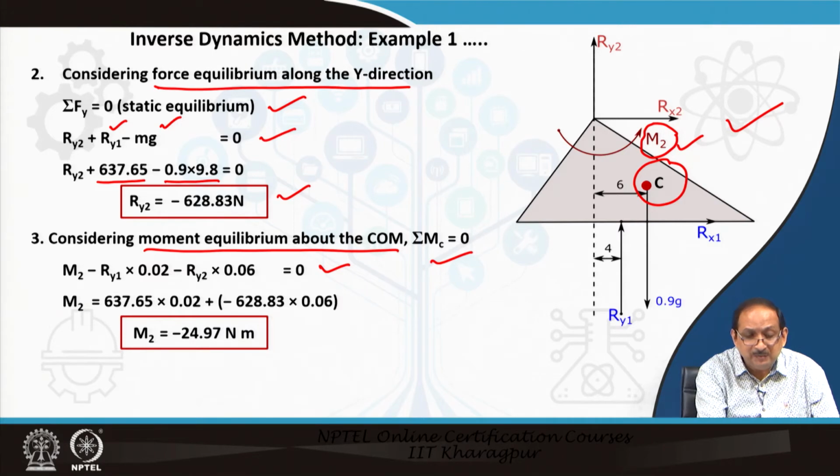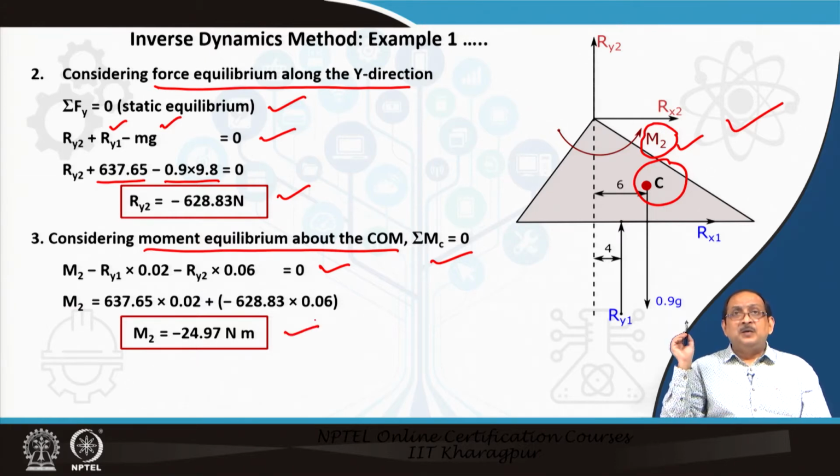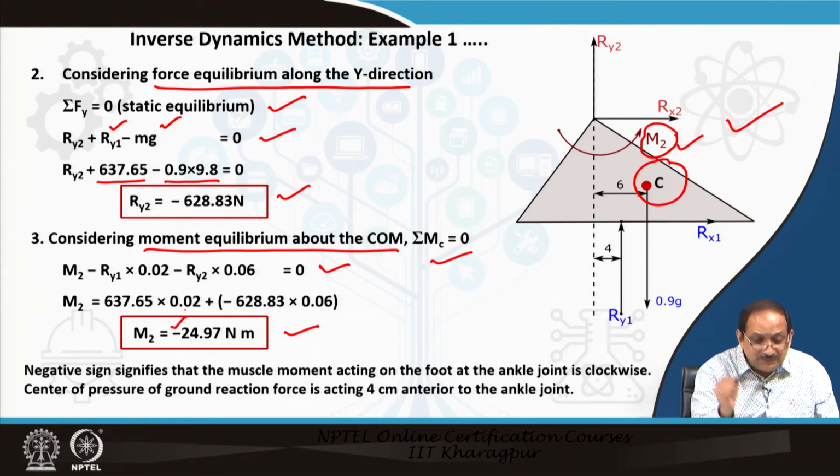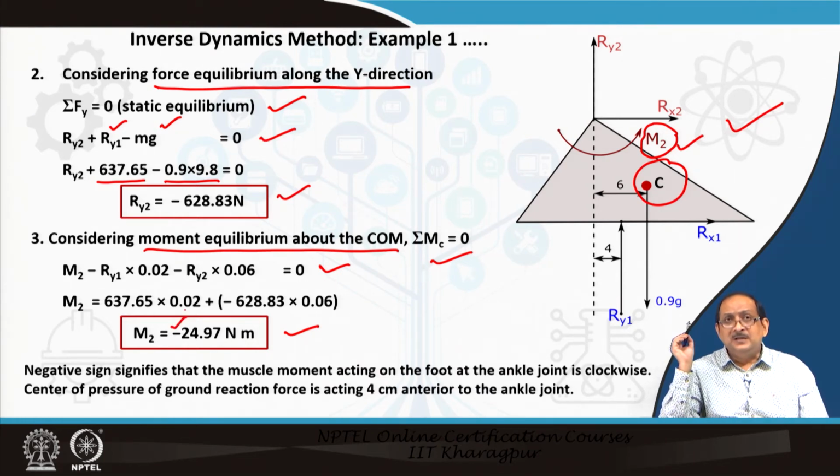As you can see, M2, Ry1 and Ry2 are taking part in this equation and M2 can be calculated as minus 24.97 Newton meter. Please note the negative sign here. The negative sign signifies that the muscle moment acting on the foot at the ankle joint is clockwise.